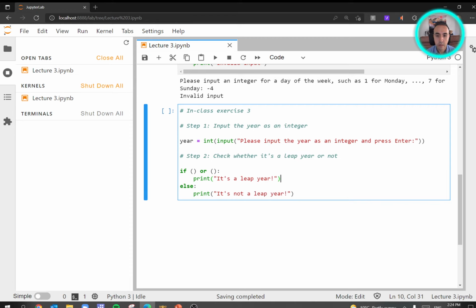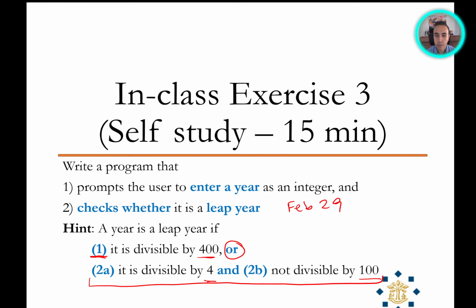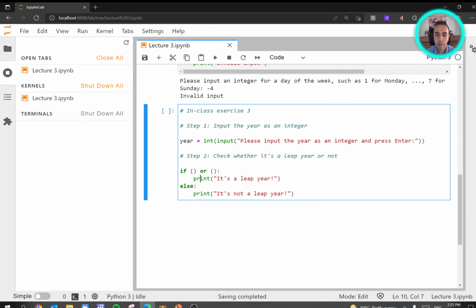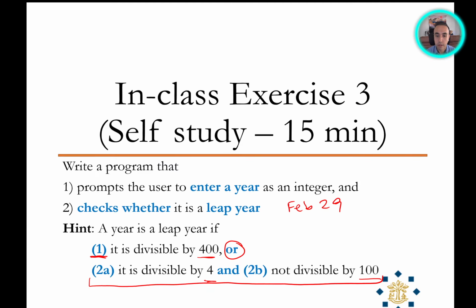Okay, but what are these conditions? The first one is divisible by 400. How do we check divisibility by 400? We use the remainder. If the remainder is 0, that means it's divisible by 400. This is condition 1.